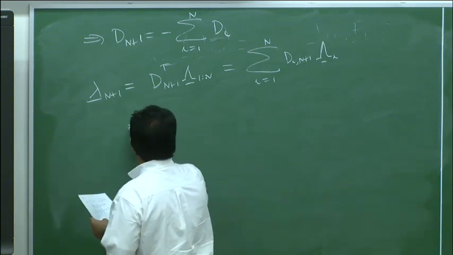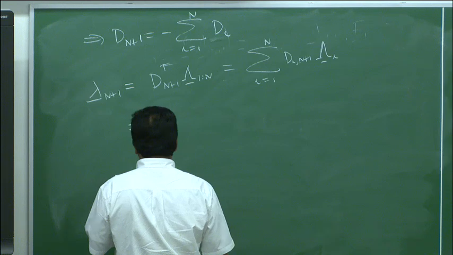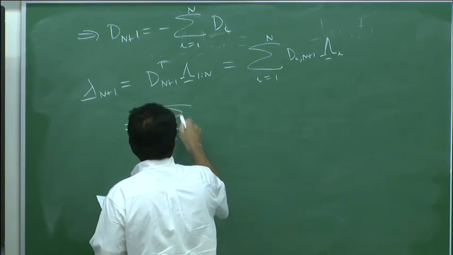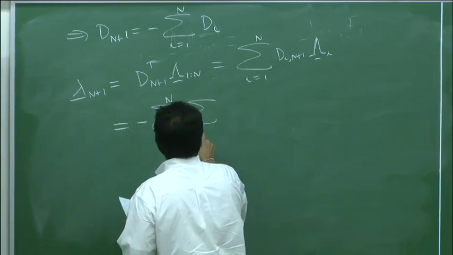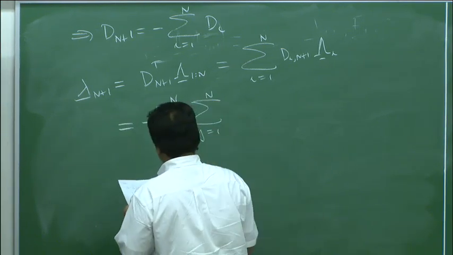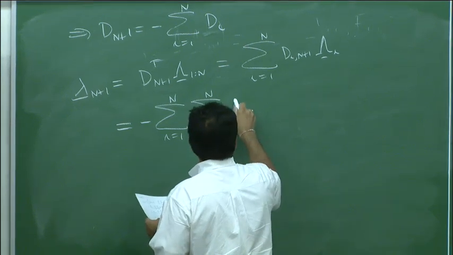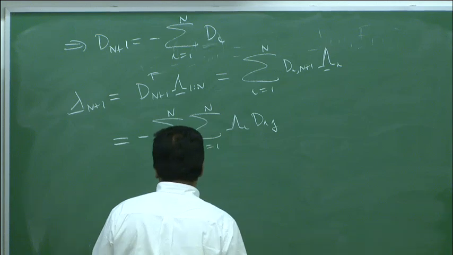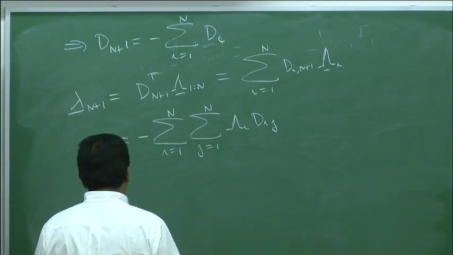But that, in turn, is just equal to minus the sum from i equals 1 up to n, and the sum from j equals 1 up to n of lambda_i D_{ij}. So I haven't done anything there. All I've done is a direct substitution.